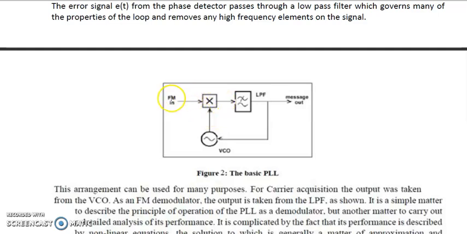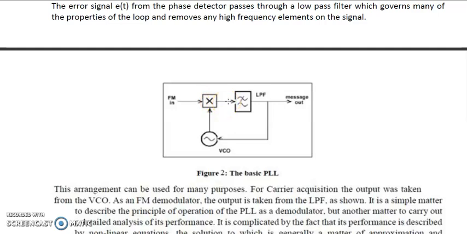But since this frequency modulated signal has a varying frequency, if the frequency changes at any instant, then at the next instant this signal and the VCO output will have separate frequencies. So there will be a phase difference, which will cause an error at the output of the phase detector.